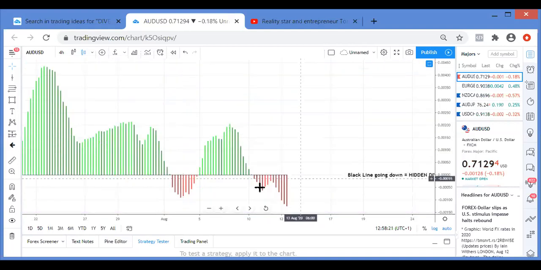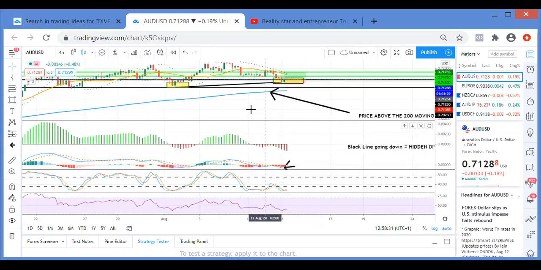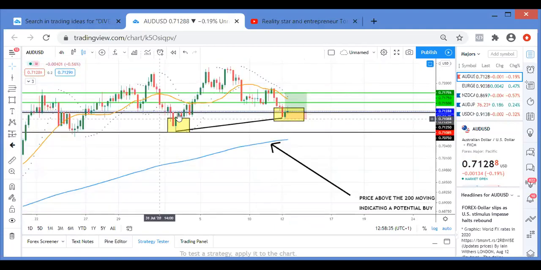Can you see how this low is lower? On my MACD, this low is lower than this low, but on my chart, that same low is higher than this low. Can you see? That's what you call hidden divergence.